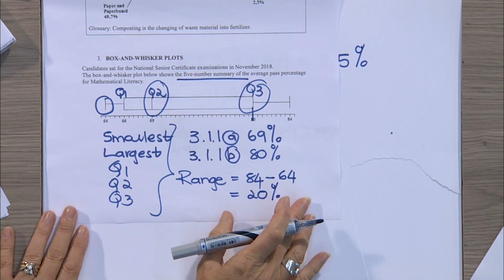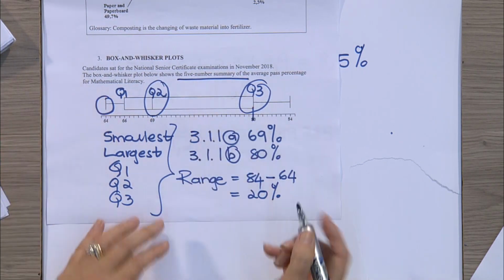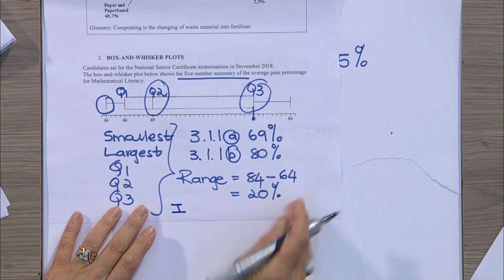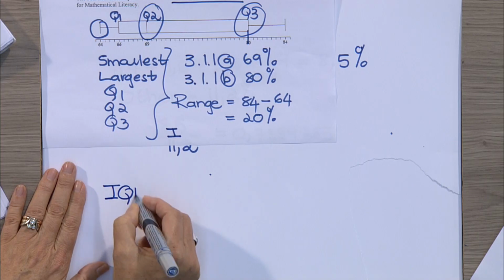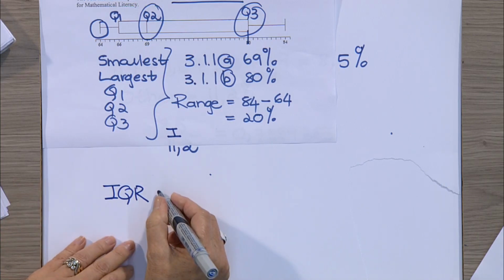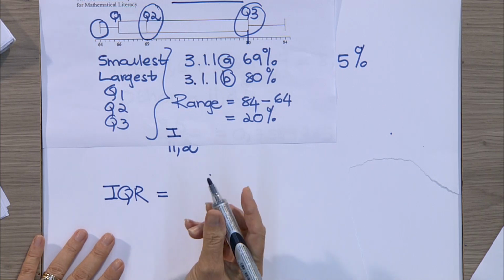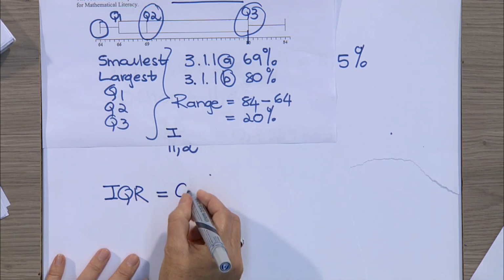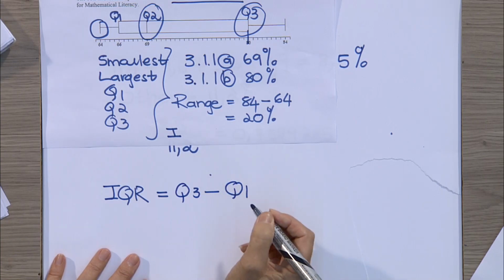So grade 12s, they didn't ask this question in this specific question, but if we need to work out the interquartile range, like we explained earlier in the lesson, then the formula is Q3 minus Q1. They could ask you this.